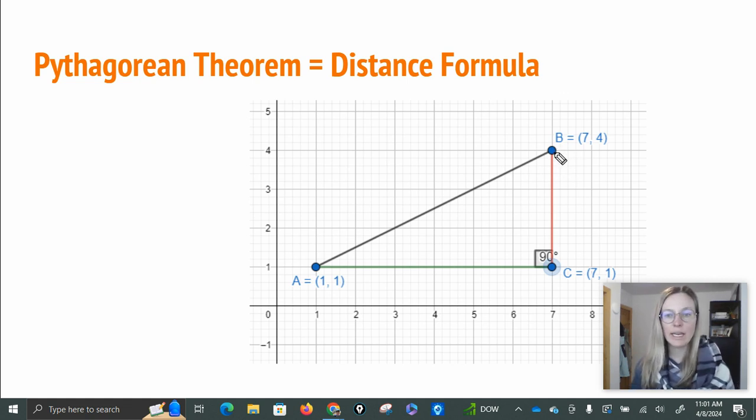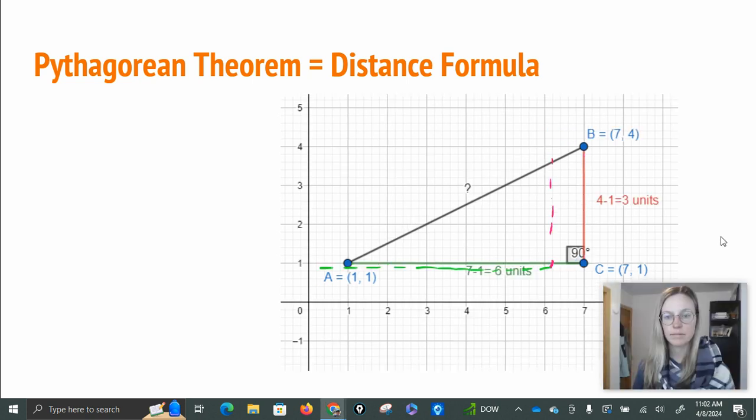I am creating that 90-degree angle because I have a vertical leg that's coming straight down. So it's kind of following along that y-axis. That's called a vertical leg. And then we have a horizontal leg that we can see that is connecting A and C here.